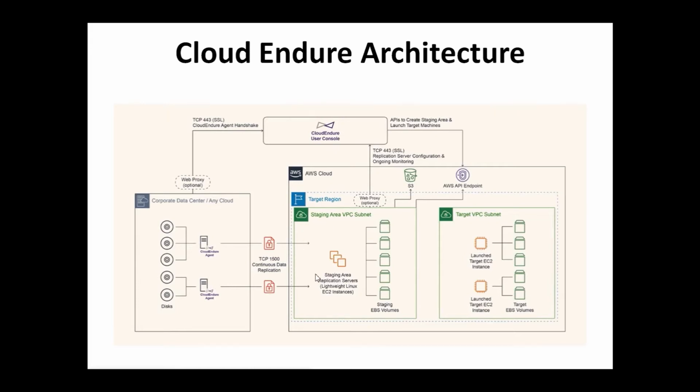This uses low cost computing and storage which is needed to keep the data in sync with the source, and it consists of replication servers, staging volumes and snapshots. The replication servers are lightweight EC2 instances. Staging volumes are low cost EBS volumes, and snapshots are incremental EBS snapshots.